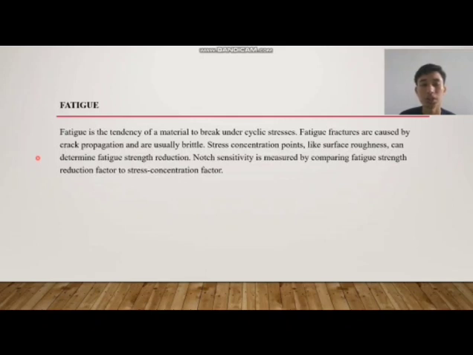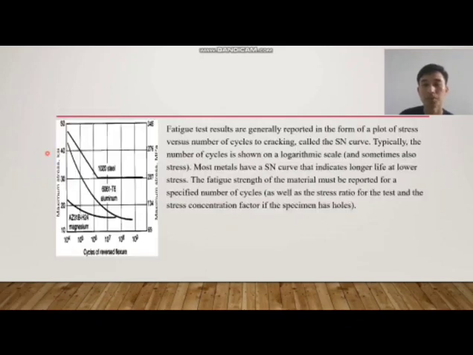Notch sensitivity is measured by comparing the fatigue strength reduction factor to the stress concentration factor. Next, fatigue test results are generally reported in the form of a plot of stress versus number of cycles to cracking, called the S-N curve.